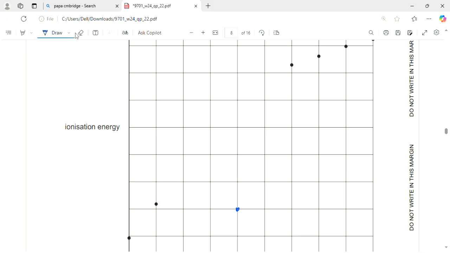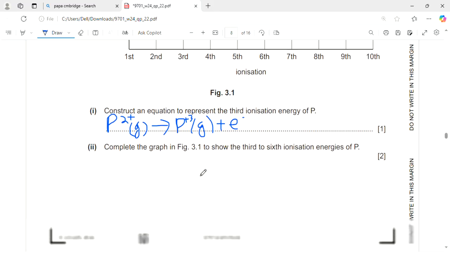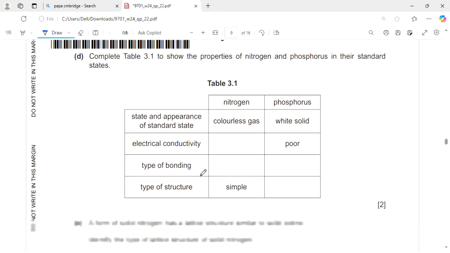I draw from here. Make sure there is the greatest difference in the ionization energy. Please make sure. Okay, so part D.